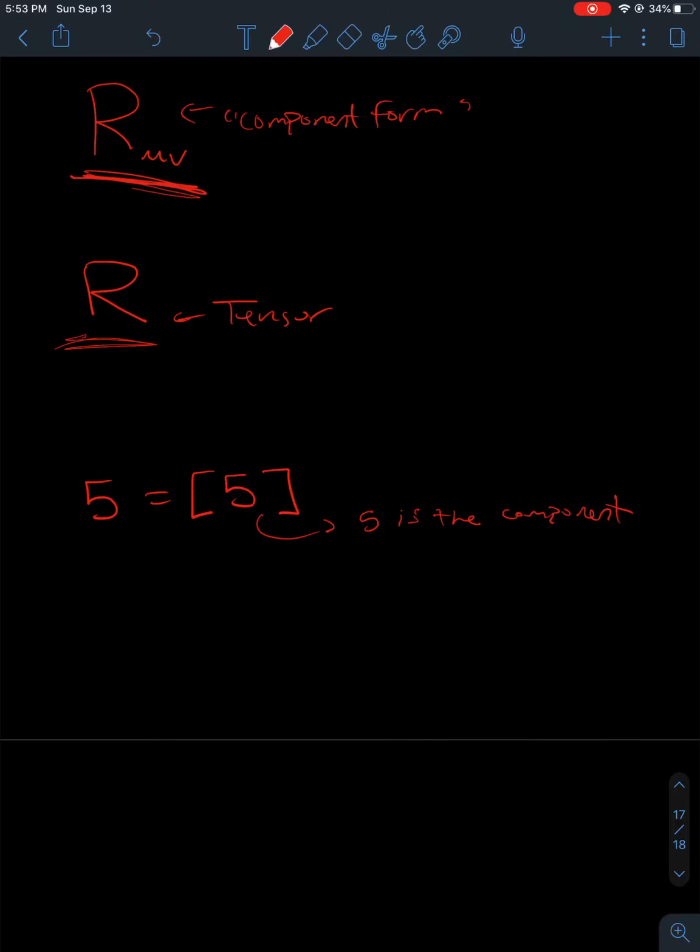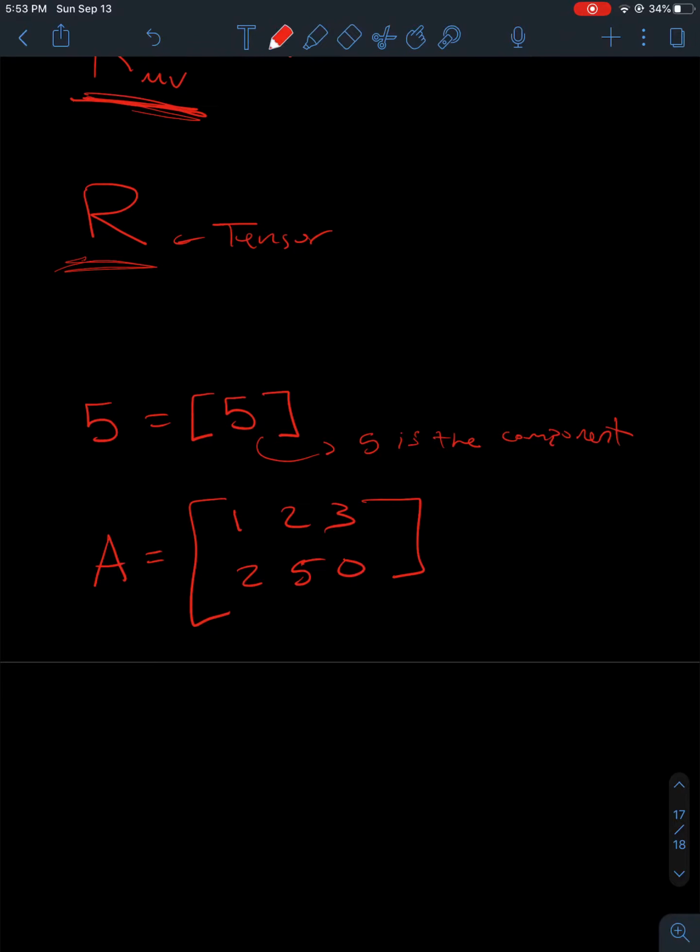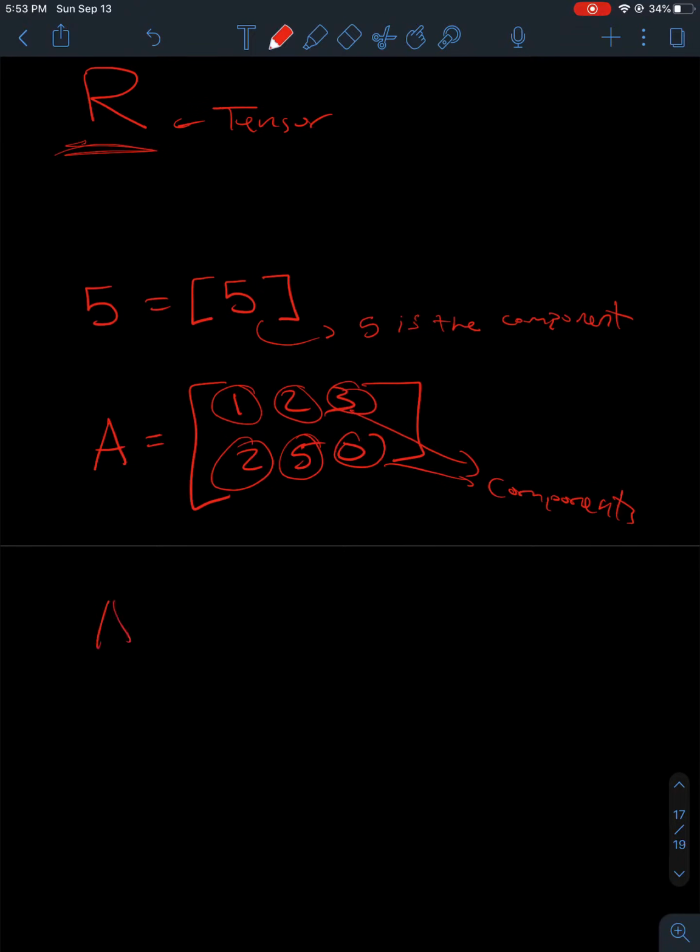If I have a matrix A, where A equals 1, 2, 3, 2, 5, 0 for the matrix, the 1, 2, 3, 2, 5, 0, those are the components.